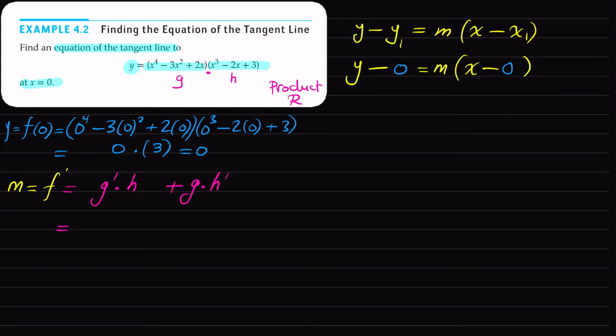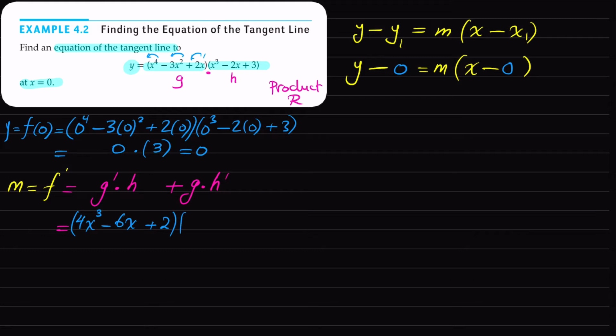Now g prime, we need to do the derivative of this one. We will drop 4, so 4x cubed, minus, we will drop 2 down, so it will be negative 3 times 2, 6x, plus, we will drop 1 down, there is 2, so 2, and x^0 is cancelled.